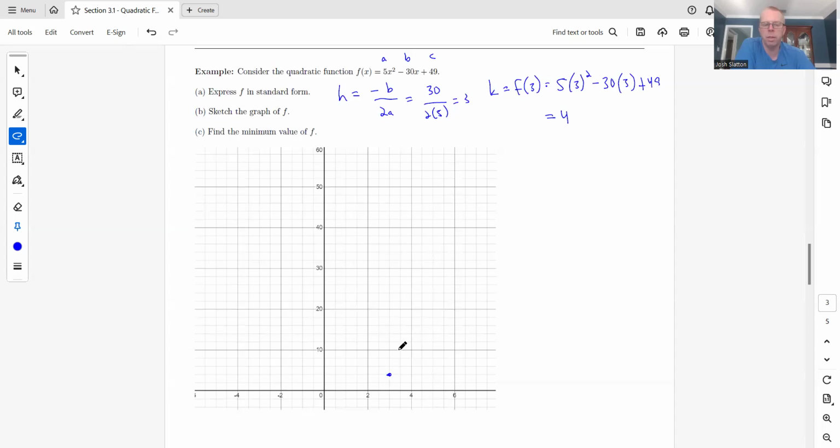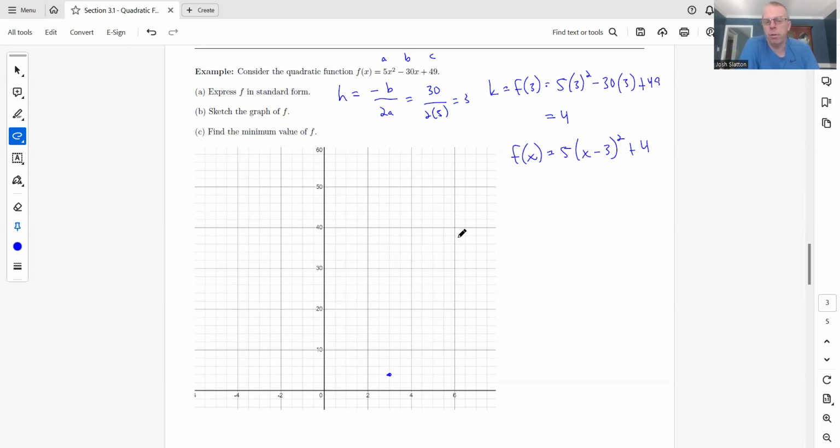So we can go ahead and write this in standard form. That'd be f of x, keep the a, so the a still goes in front. That would be 5 times x minus h, which is 3, squared plus k, which is 4. And that gives us our standard form.